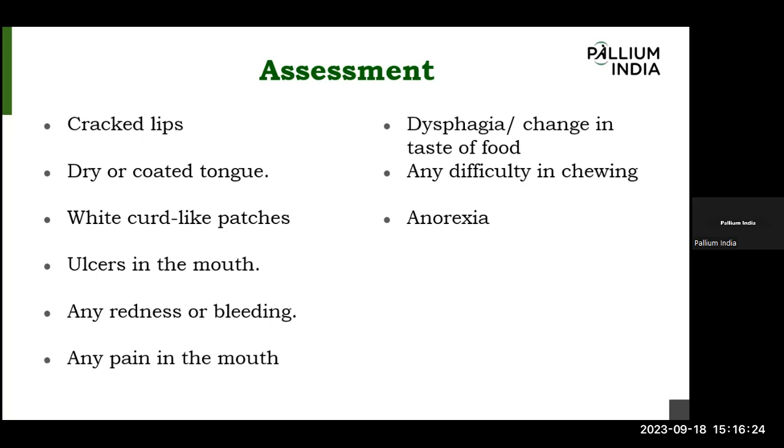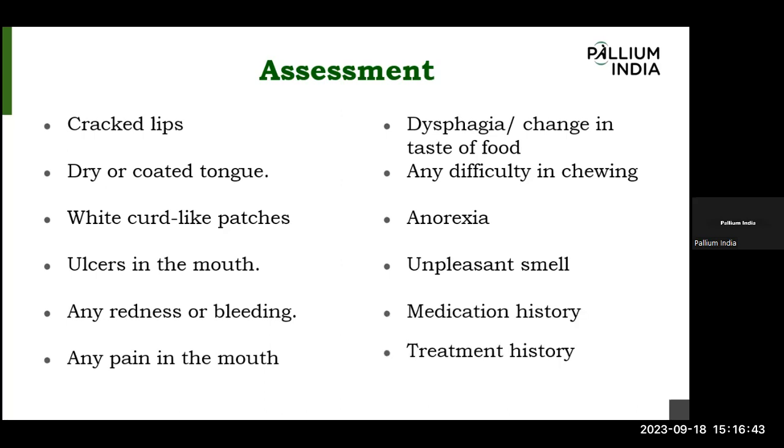And anorexia, definitely if they have poor oral hygiene, the patient does not want to eat anything because of loss of taste and all, something like that. You have to check for that. And then unpleasant smell. And the last two things are medication history and the treatment history, because most of the medications which we are using in palliative care can cause dry mouth.